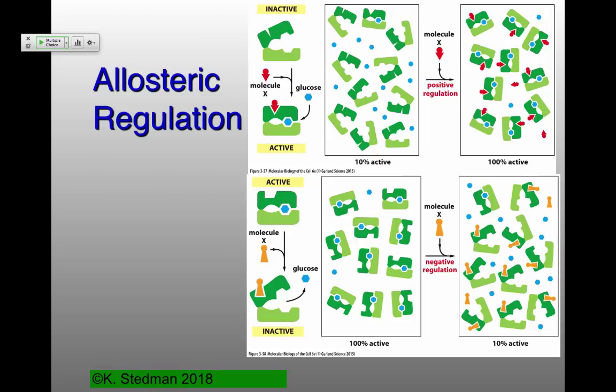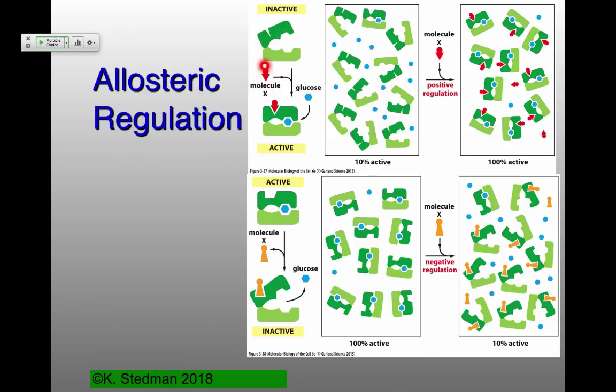But the idea here, and this is an example for enzymatic activity, is you have a protein, in this case a dimer, that has an active site, which is going to be here, glucose, which is this blue hexamer. In this open case, it's not active.